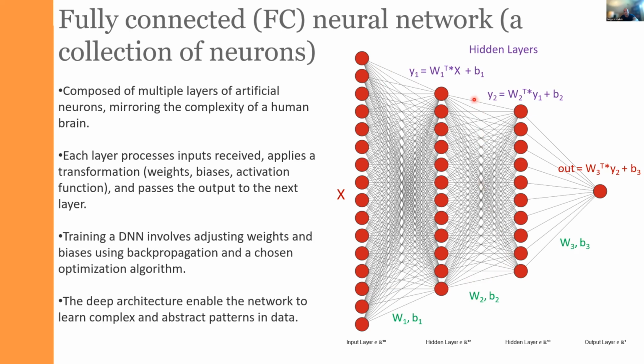Then we create the outputs, and these outputs are passed on to the next layer. This process can be repeated several times until we come to the output. Of course, the output can be a single neuron if we deal with a regression problem or one-dimensional output in general, or it can be multiple neurons at the same time.